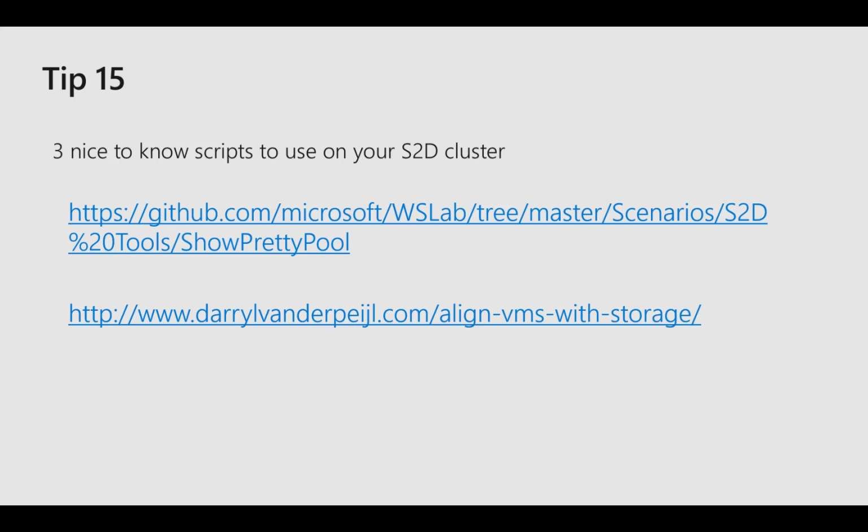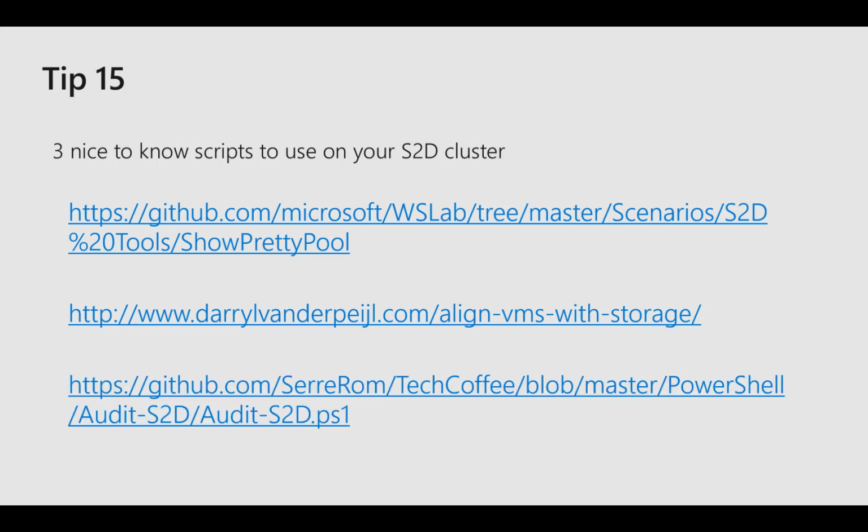So if you need high throughput, or let's say high response and good low latency, align your virtual machines with your storage. Meaning put your virtual machine on the owner of the CSV where your storage is located.